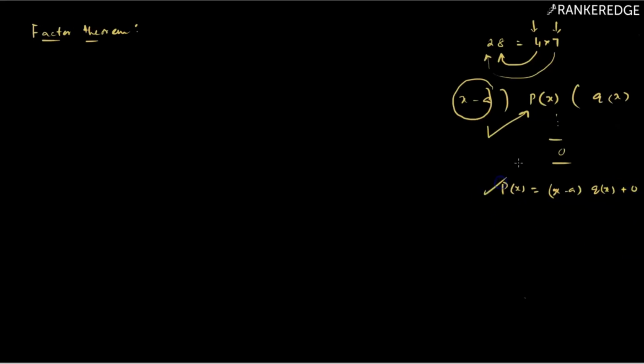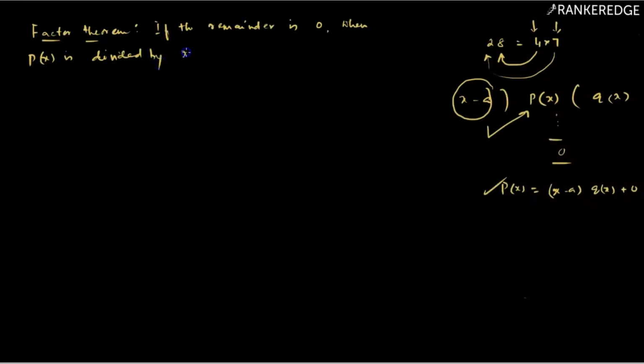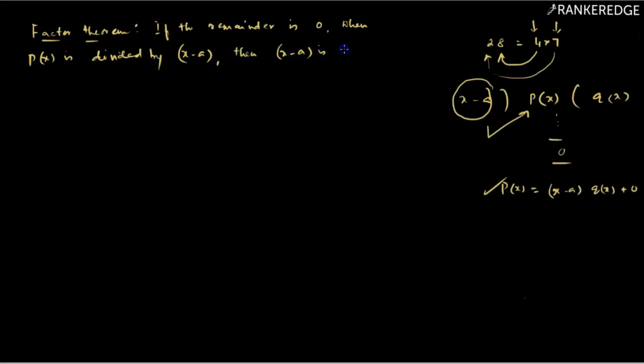This is the essence of factor theorem, which is just an extension of the remainder theorem. Let's write down the factor theorem. If the remainder is 0 when p of x is divided by x minus a, then x minus a is a factor of p of x, right, where a is any real number.